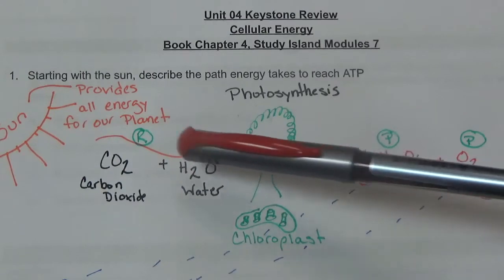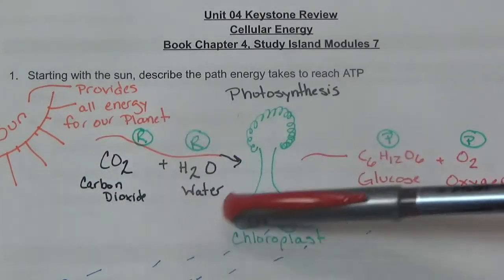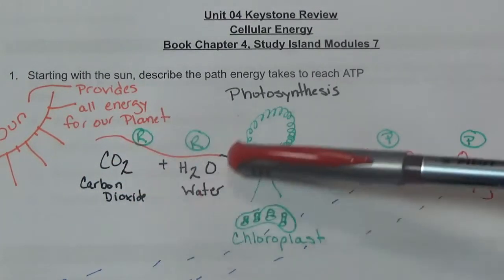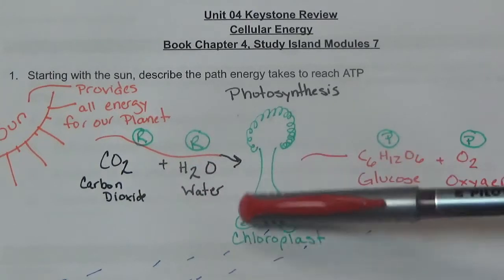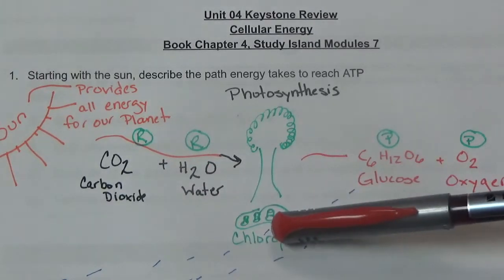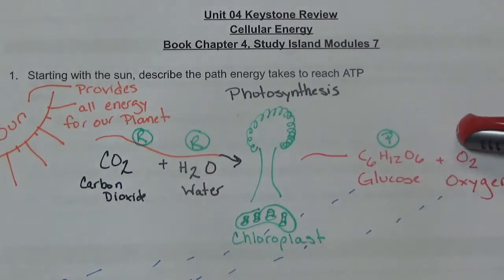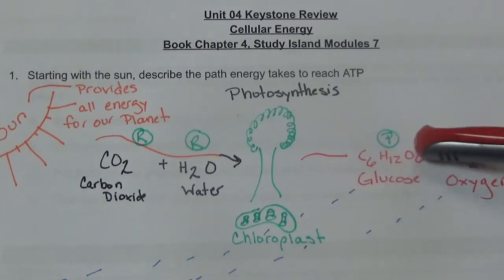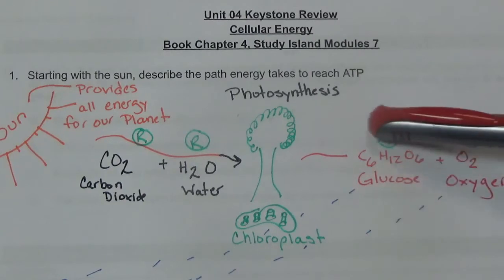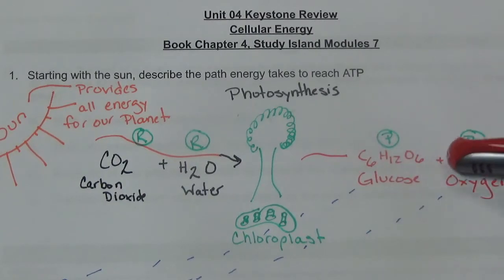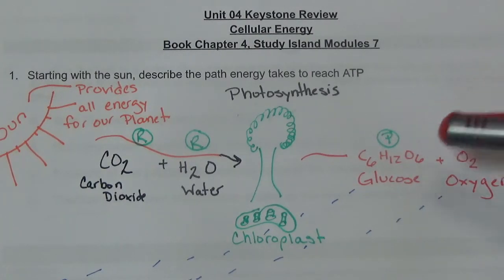So after the sun's energy goes into the light and dark reactions of photosynthesis in the chloroplasts, out is going to come glucose and oxygen. Glucose is a carbon-based, energy-rich molecule, and oxygen is oxygen.